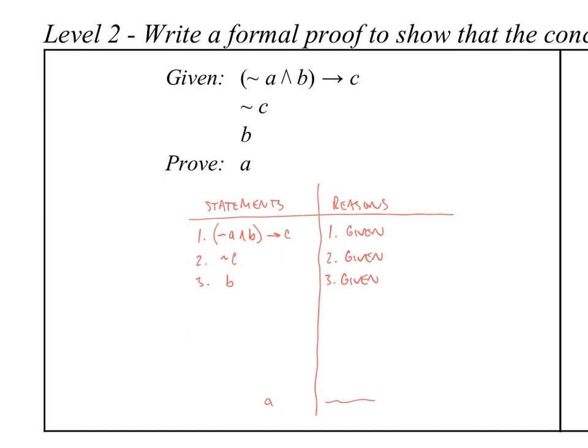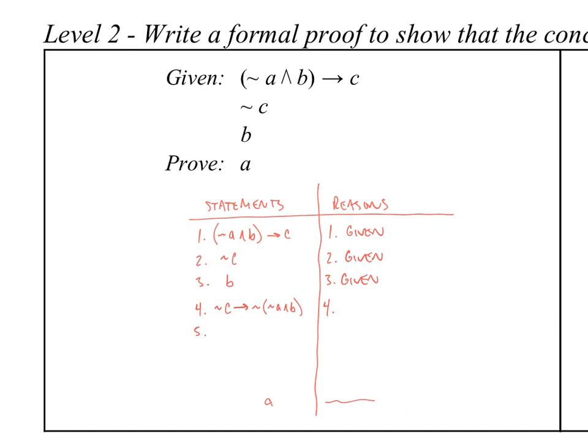So the next thing I'm going to do is use that first statement, and I'm going to claim that not C, if not C, then not A and B is true. And I'm going to pause and let you tell me why that is. Give me the reason. Okay.